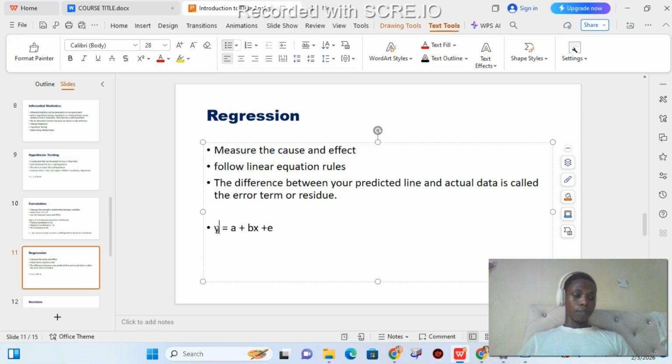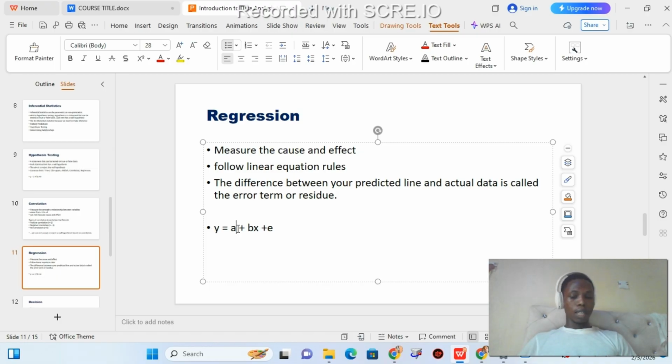If there is an increase in x, there is surely going to be an increase in y. Why? Because y equals a plus bx. Now the b is the coefficient and the a is a constant, the intercept on the y-axis.